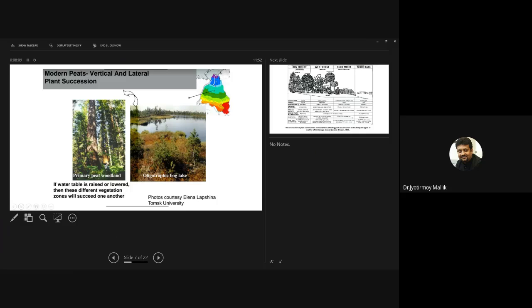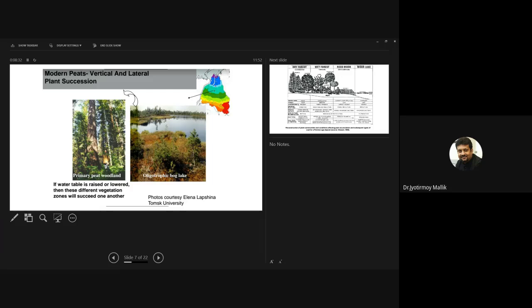So these are some of the plant material that you observe in a typical wetland. You can see, although it is in wetland, the plants are fairly tall and fairly woody. But then, if you are closer to the water body, what do you see? The plants are essentially shrubby.